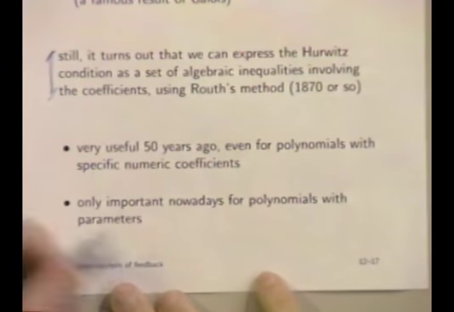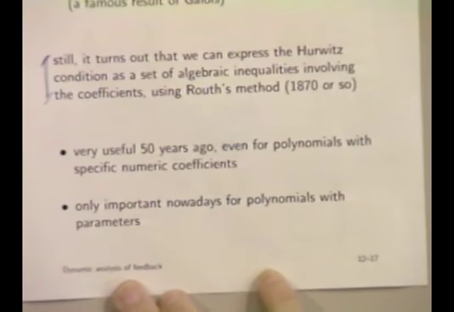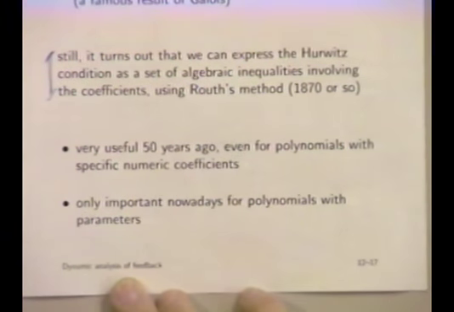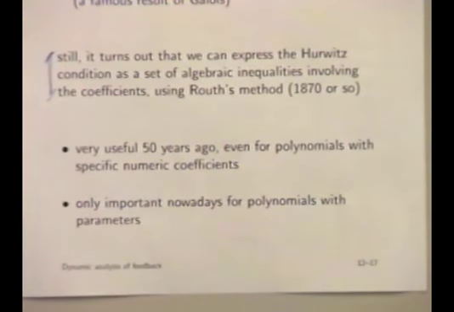A few years back, when computers weren't around, this method was very useful, because you just had to check inequalities. Nowadays, with MATLAB, you can just type roots, and you get the roots numerically, no problem. But this method is still interesting because in the context of control, the polynomial coefficients involve the controller parameters, like the overall gain of the controller and other parameters that you'll see, for instance, in today's lecture.